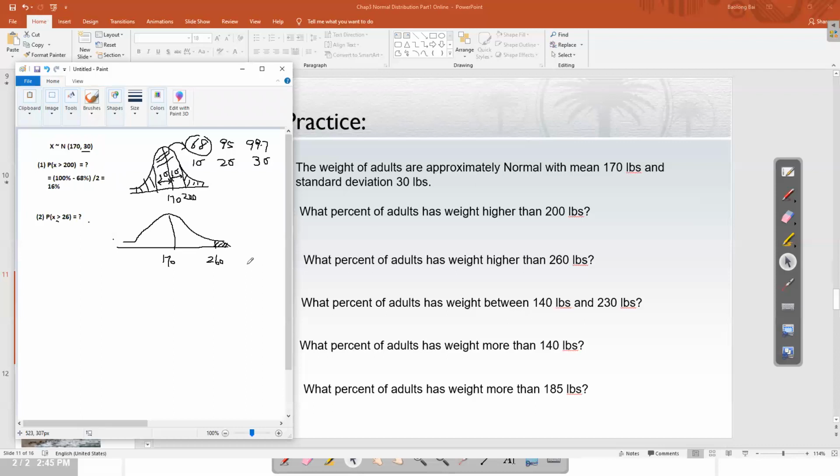In order to find this area or probability, we need to determine what rule to use, right? So we're going to determine the distance from the center to the boundary. From 170 to 260, the distance is 90, right? If one sigma is 30, how many sigmas is 90?